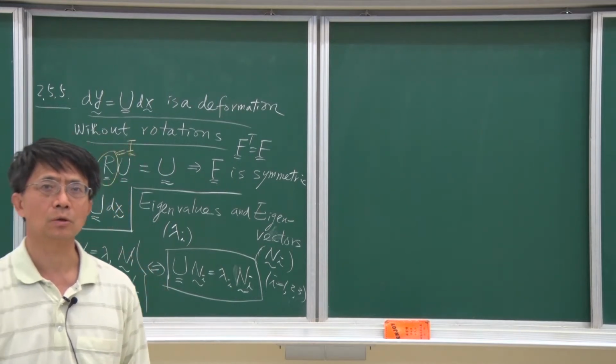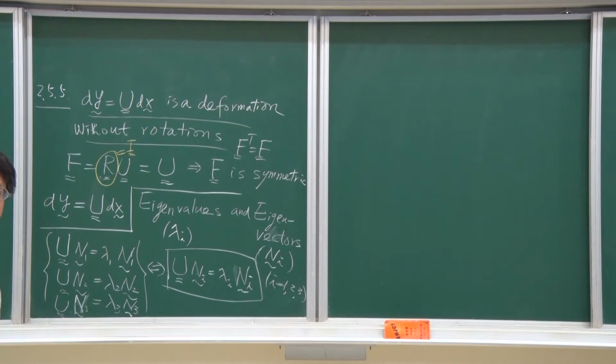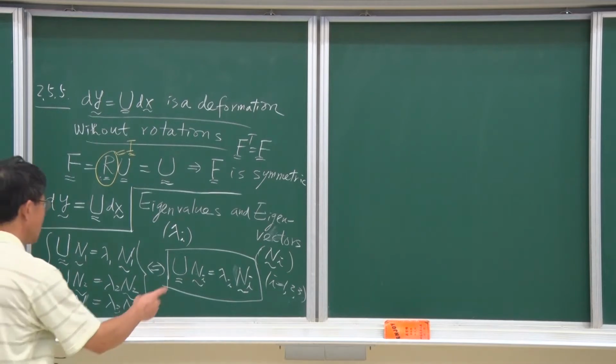So I suggest you look at some standard textbook of engineering mathematics at the undergraduate level, or just surf on the web. See what they are. Okay, these are the eigenvectors and eigenvalues.